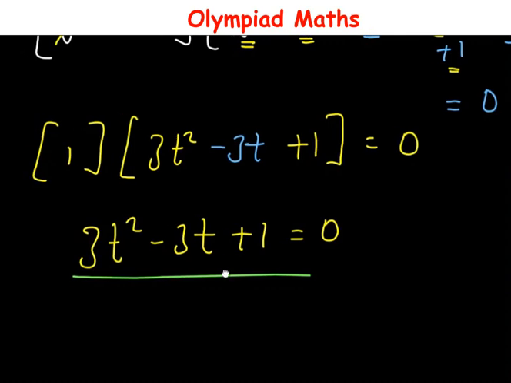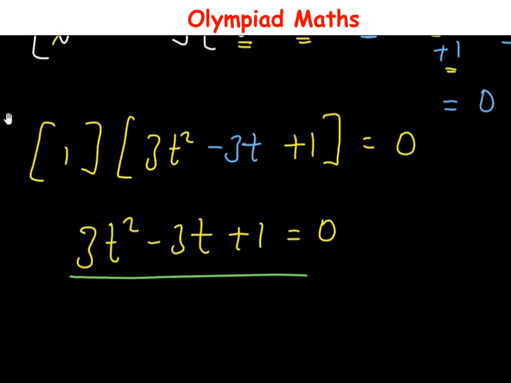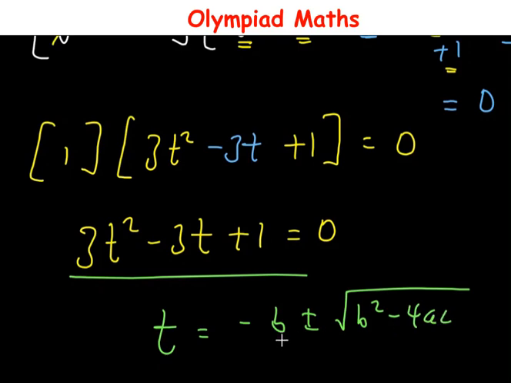To then solve for the value of t in this equation, we are going to make use of the quadratic formula, which is given by t = (−b ± √(b^2 − 4ac)) / 2a. In this case, the value of a is the coefficient of t^2, which is 3.